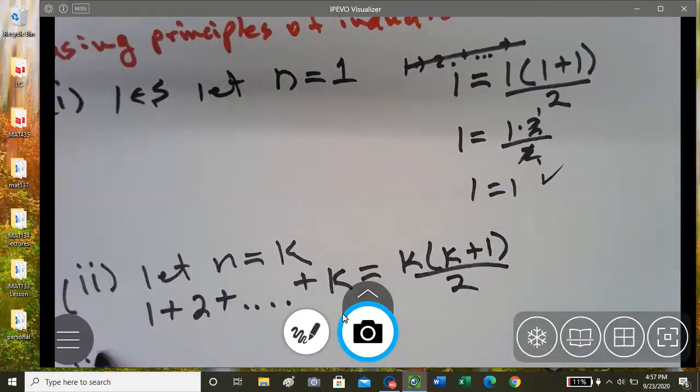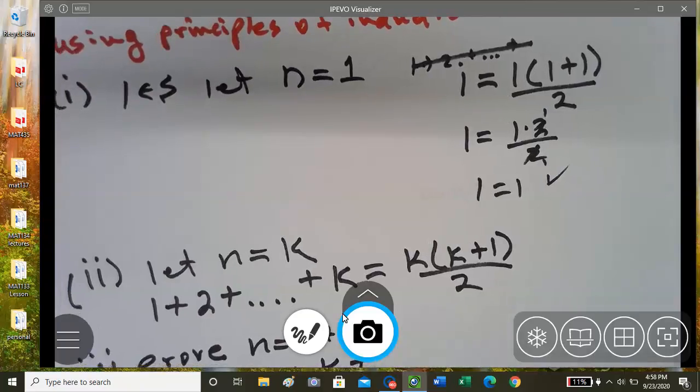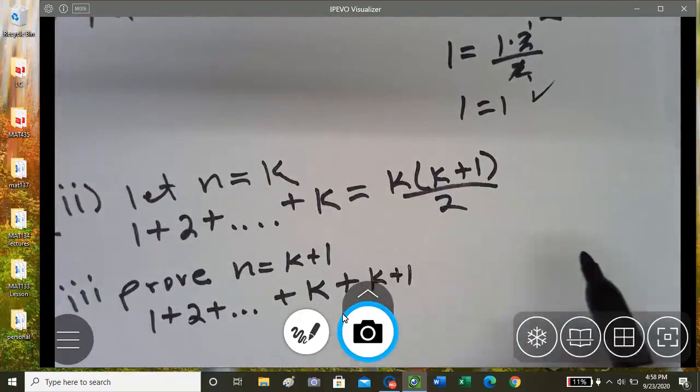Part 3, now we want to prove that n equals k plus 1. So here we have 1 plus 2 plus ... plus k plus, now because it's an inductive set, right, we also have a k plus 1.